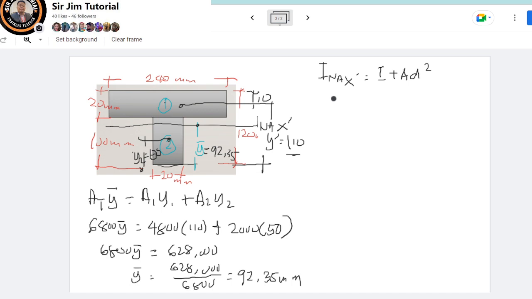So what is that d? Let's consider first for 1, what is our d1? From here going to here, what is our d1?